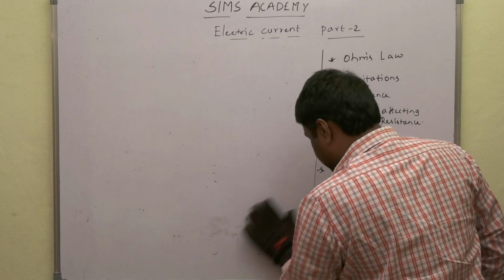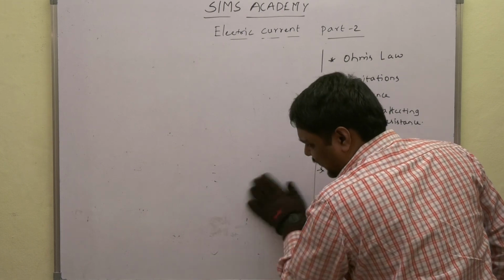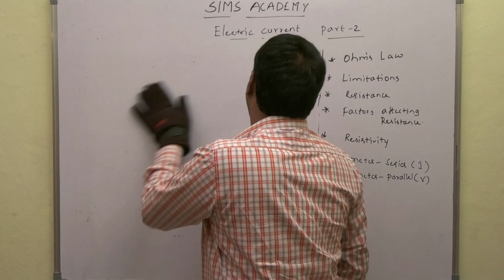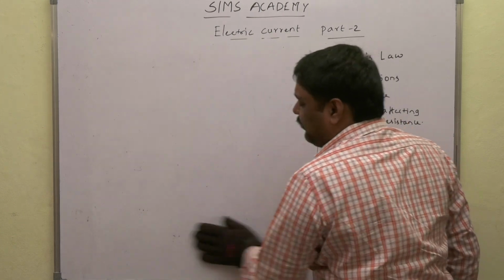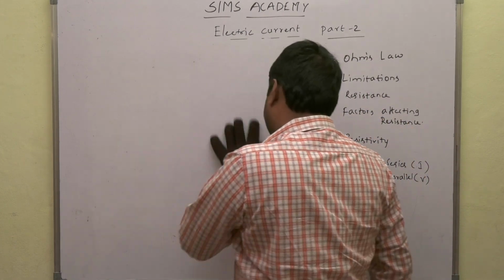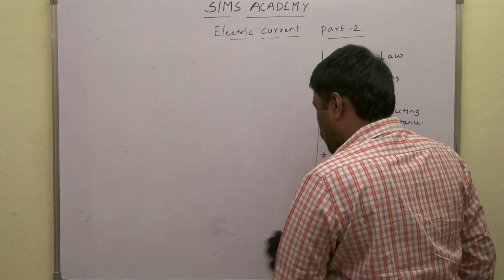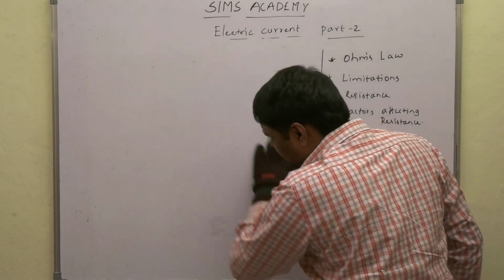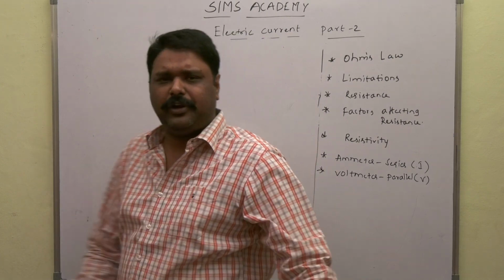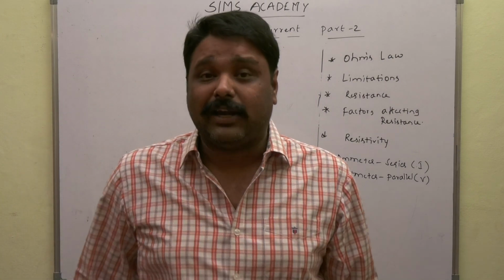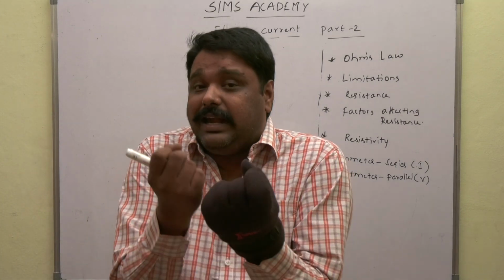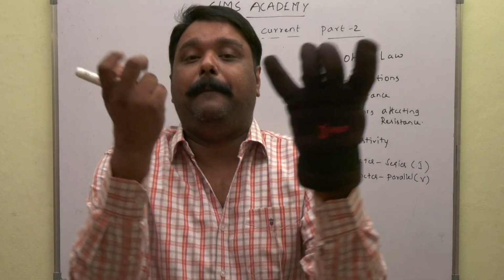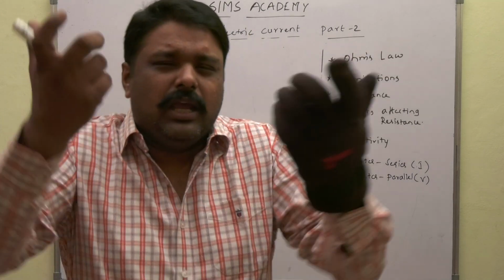Now, let us discuss. We cannot do all the activities, but let me just mention what the factors are that affect the electrical resistance. Already I told you, whenever opposition is offered to the free flow of electrons, what happens? The conductor gets heated up.